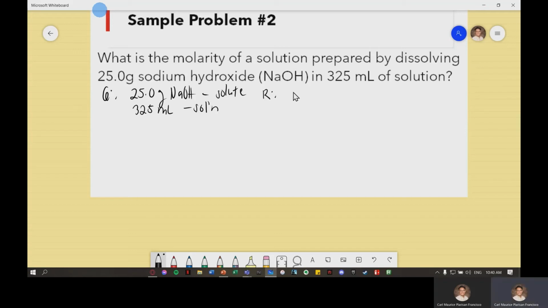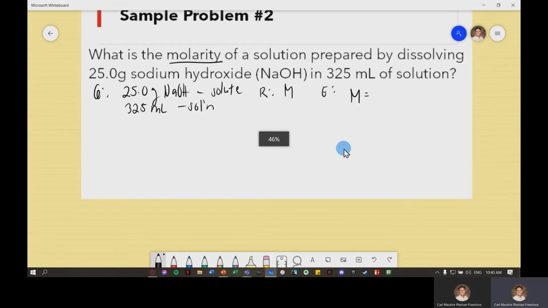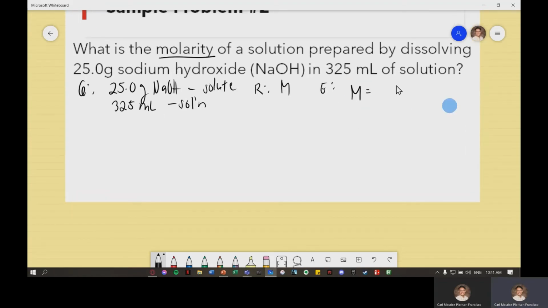Our requirement is molarity. And then our equation is molarity, capital M, is equal to mole of solute all over liter solution.